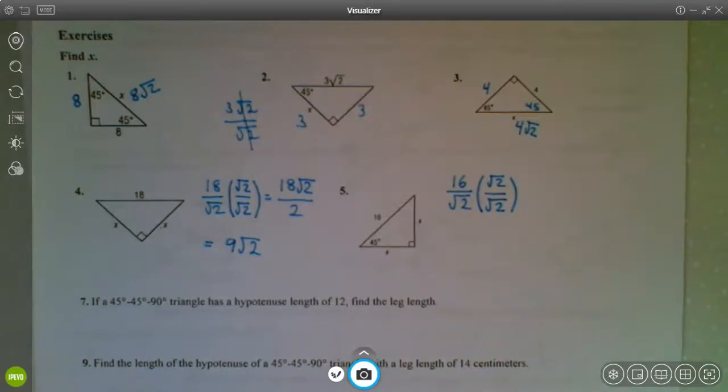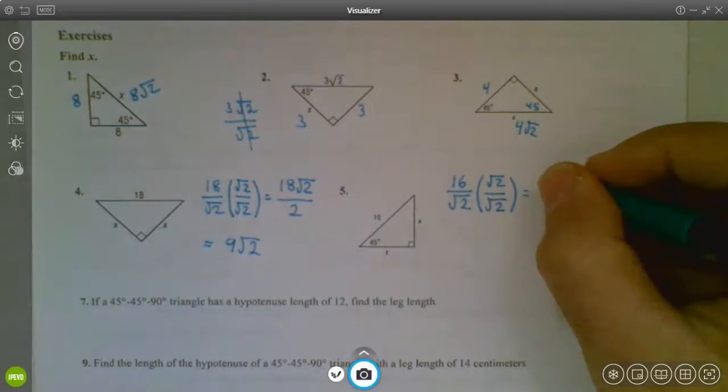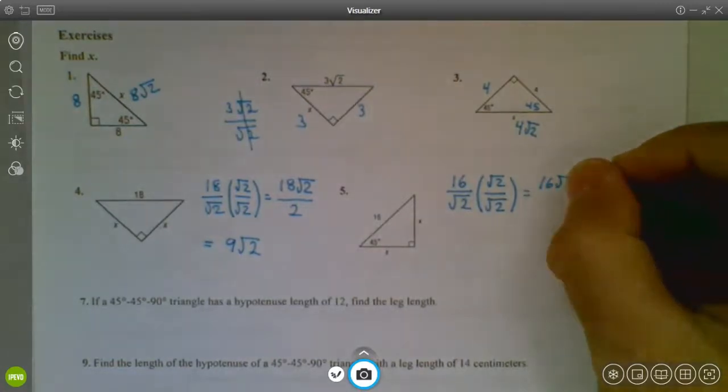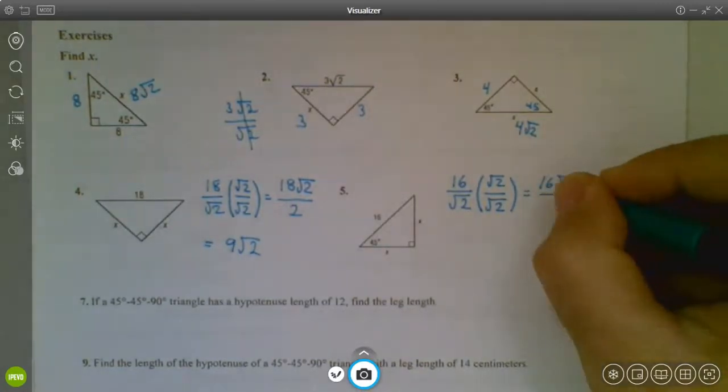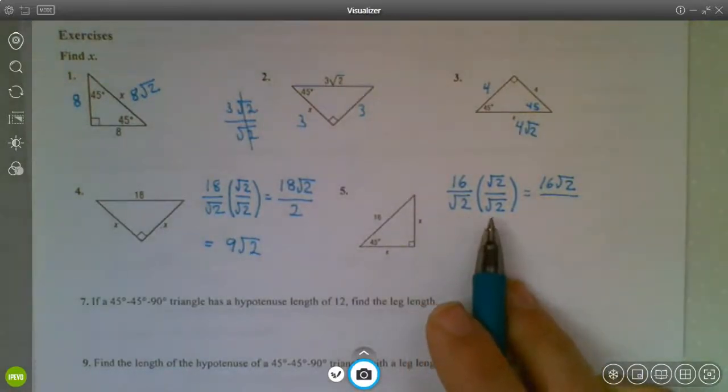And all I'm going to do is multiply straight across. 16 times the square root of 2 is just 16 square root 2. Cannot combine those. On bottom, the square root of 2 times the square root of 2, as we already talked about, would just be the square root of 4. But what's the square root of 4?